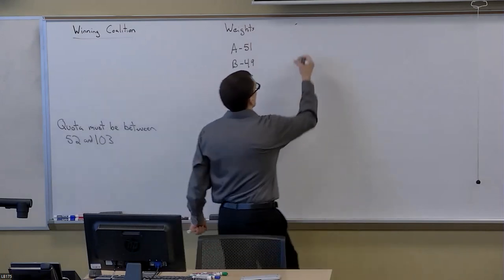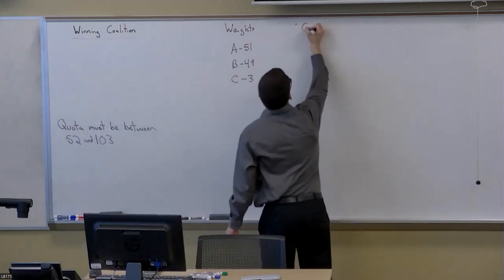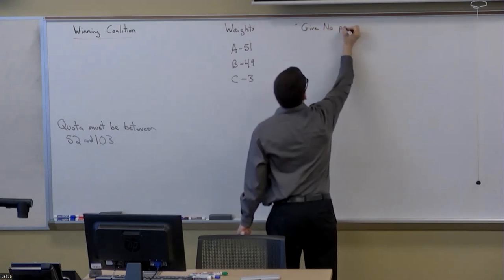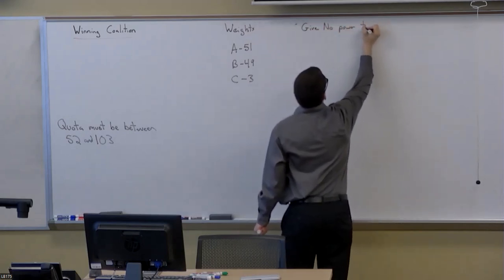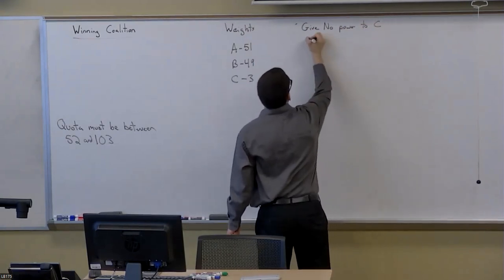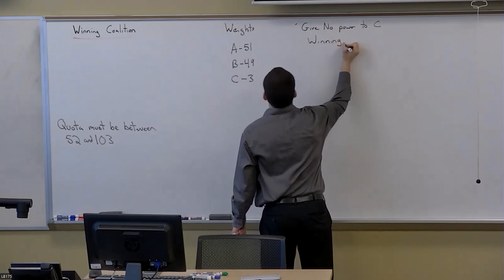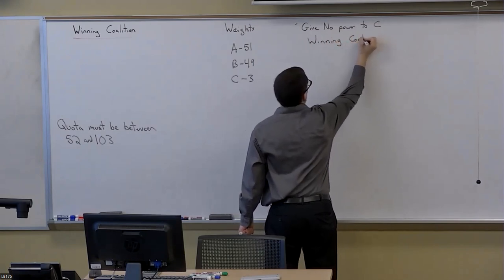Let me write this here. Let's give no power to C. What should the list of winning coalitions look like?